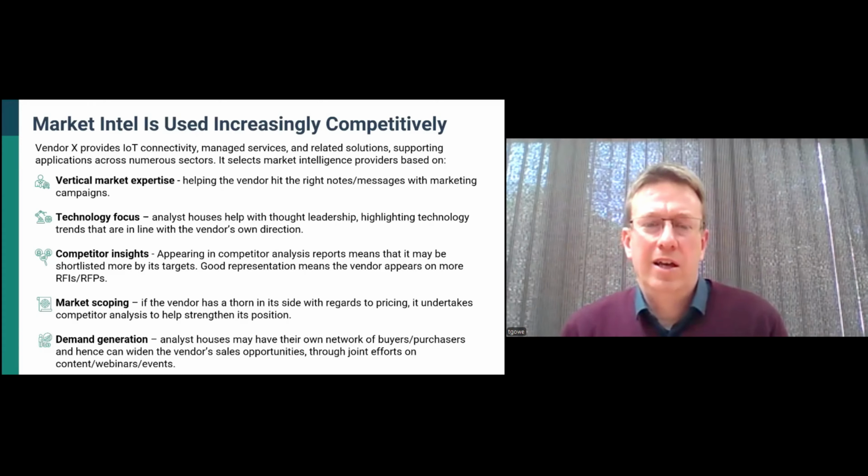Another thing is competitor insights. We talked a little bit about the reaction to competitor activity as being very important, so that competitor intelligence can be really key. But it's actually a little bit more than that in the marketing department.